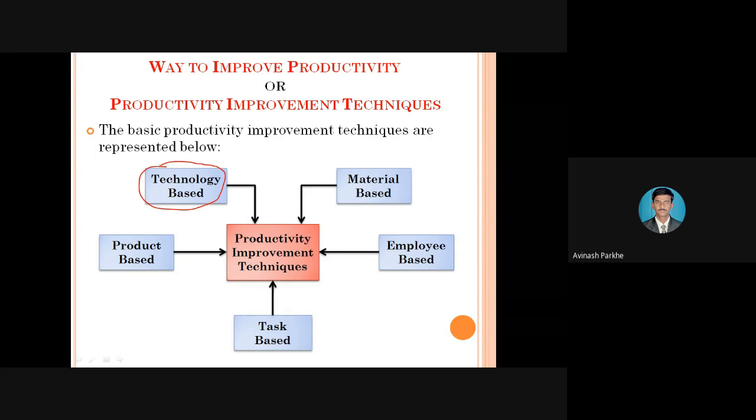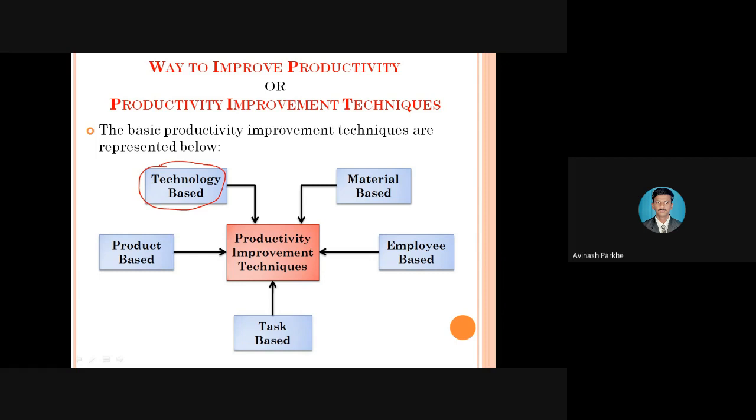For example, CAD, computer aided design, or we can consider CAM, computer aided manufacturing. If such processes or such technology can be introduced in the industry, your productivity can be increased. If we are using manually operated devices, it is not possible to achieve that much quality, or to reduce the production cost to the maximum.